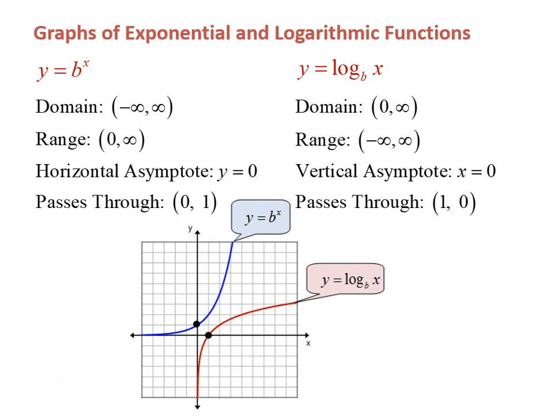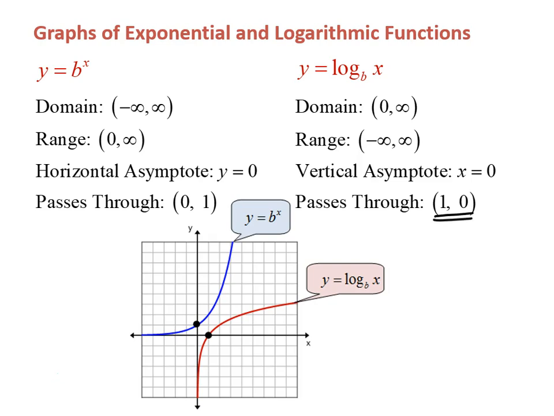So now just some things to point out. The graphs of exponential and logarithmic functions, a logarithm is going to be like we just did here. It's going to have the point 1, 0 every time. So it mentions that here. Let me get my pen going again. So it's going to have the 1, 0 every time.